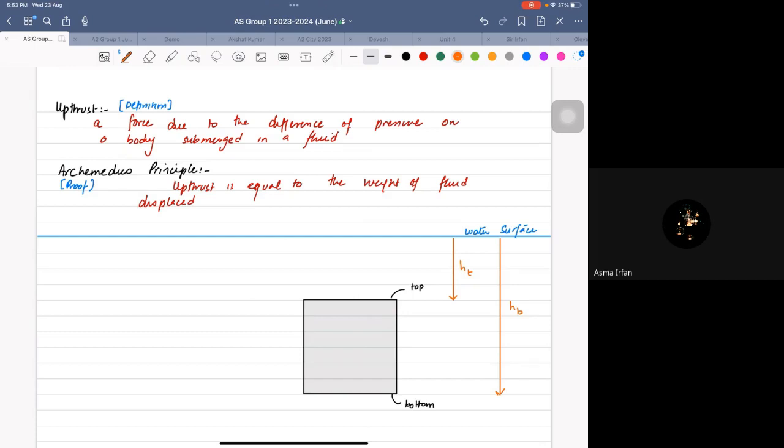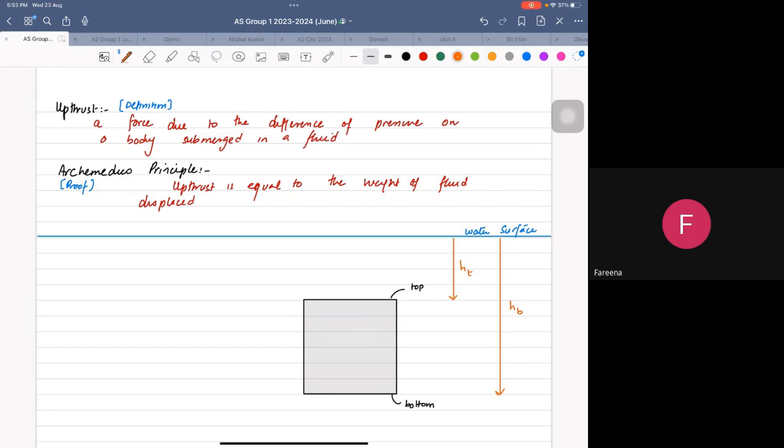Just by looking at the depths, where will the pressure be greatest, top or bottom? At the bottom. And the reason is that pressure depends on the depth.